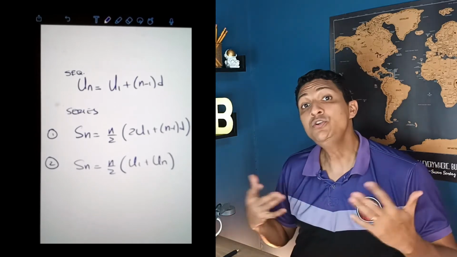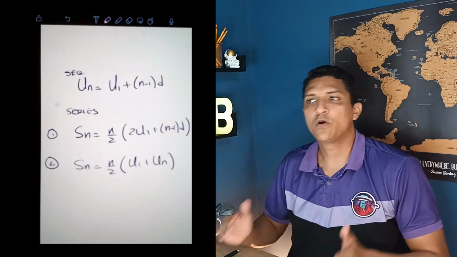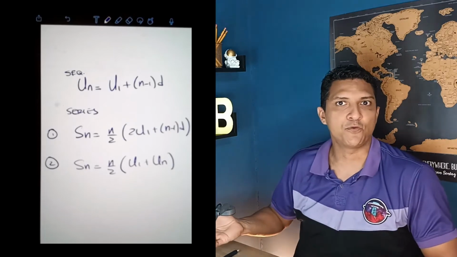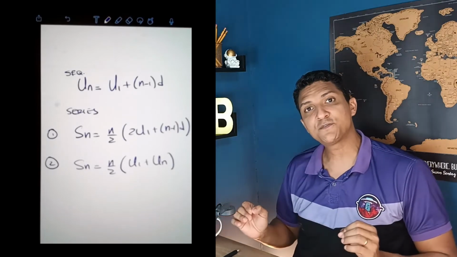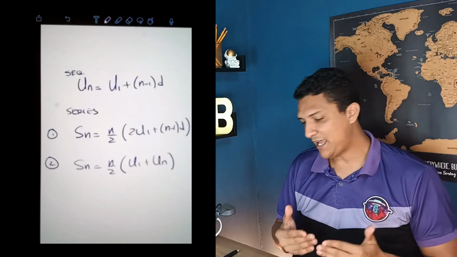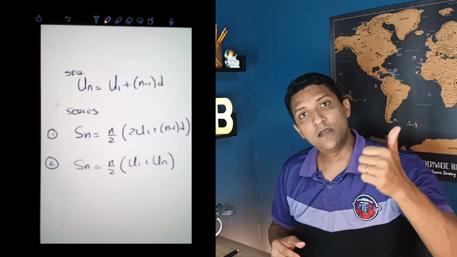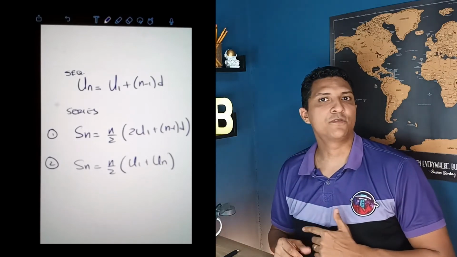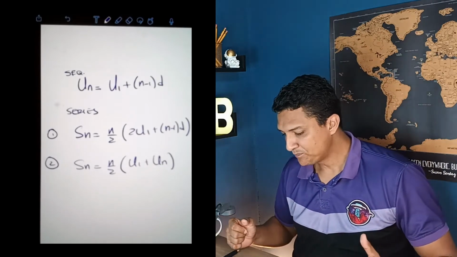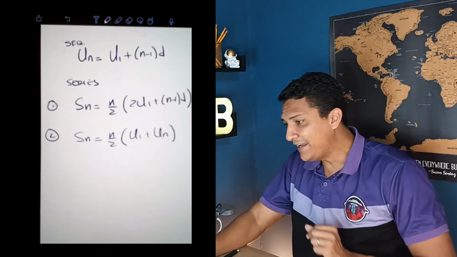When we do not have the last term and there's no way to find it out, we're going to use the first formula. The only requirements that this formula needs are the first term and the common difference.